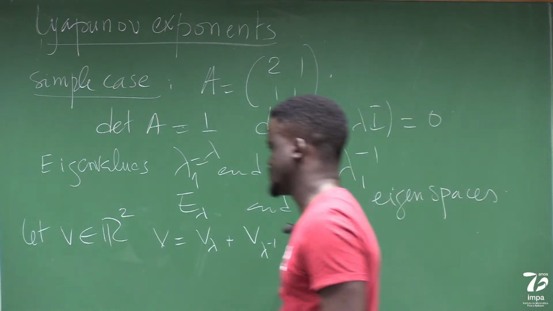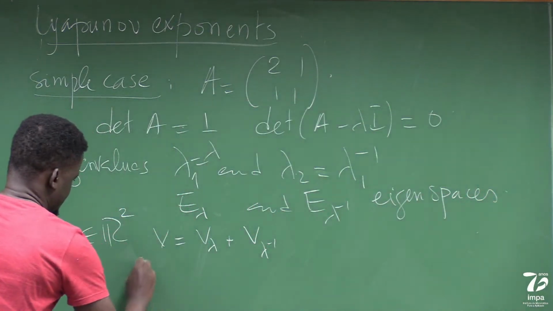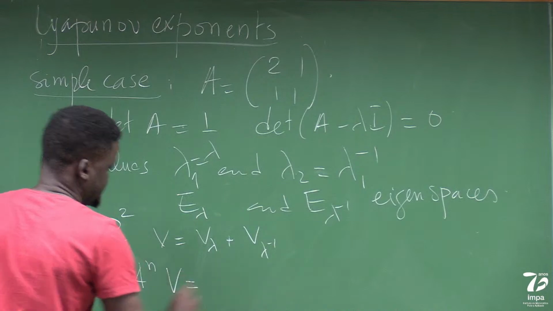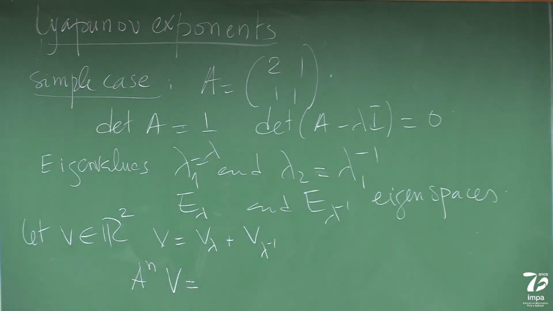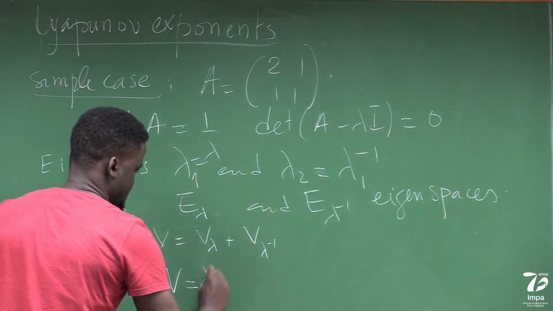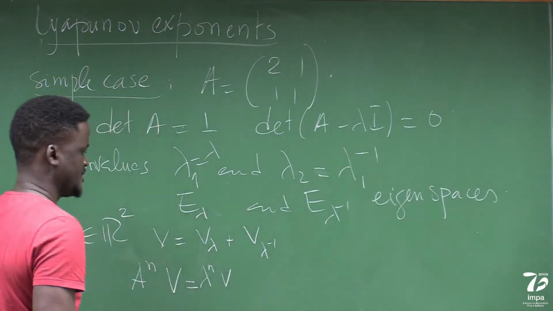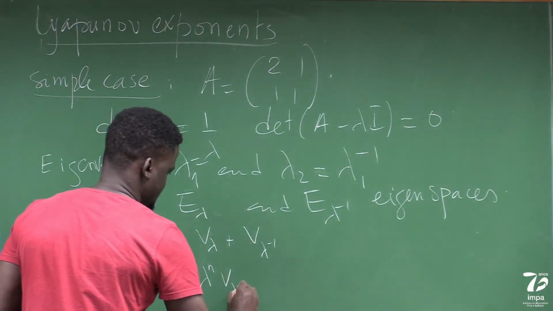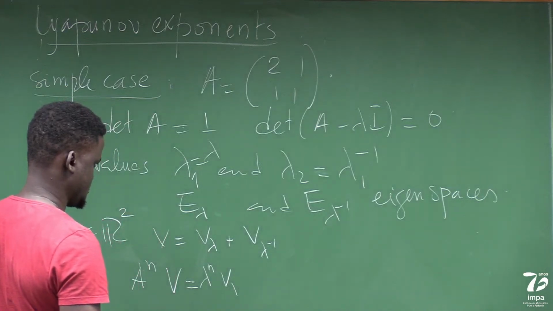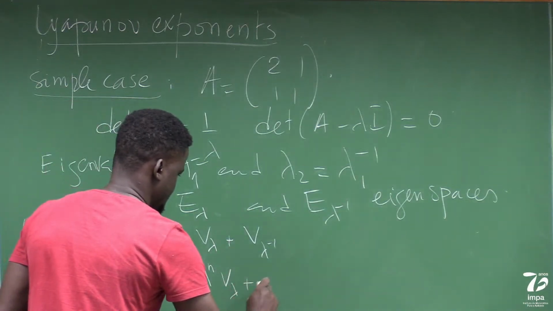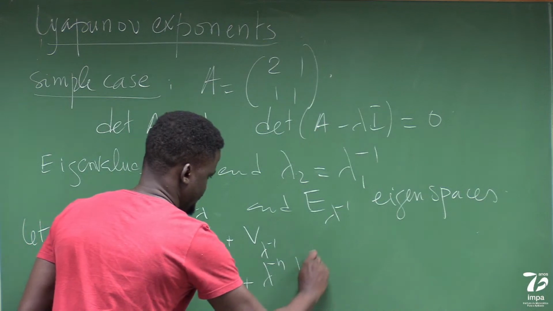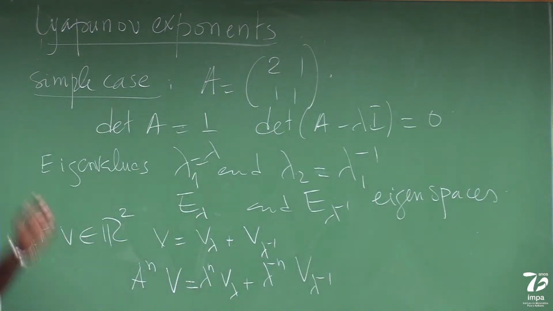Now what happens to this vector when you apply A to the n on v? A to the n v is just lambda to the n v lambda plus lambda to the minus n v lambda minus 1.